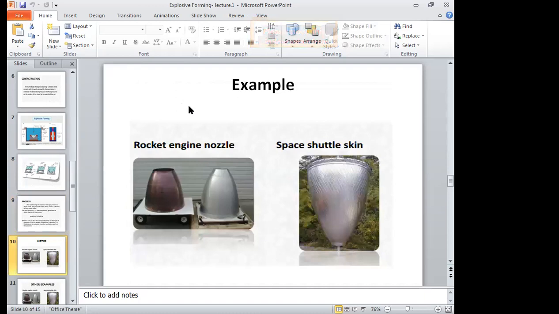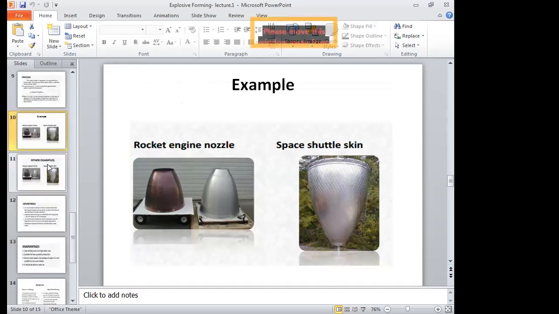Then there are examples such as the rocket engine nozzle and the space shuttle.